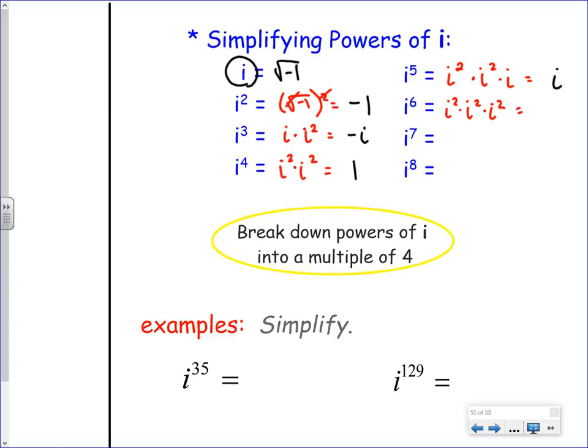How many negative 1s? 3. Negative times a negative is a positive, times a negative is a negative. Keep going. i to the 7th is i squared times i squared times i squared times i. Negative 1 times i is negative i.